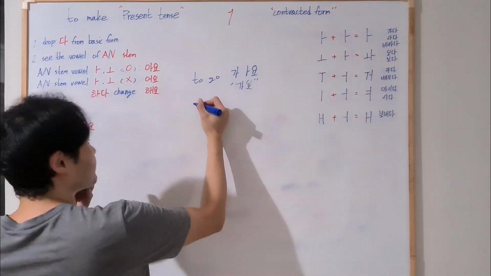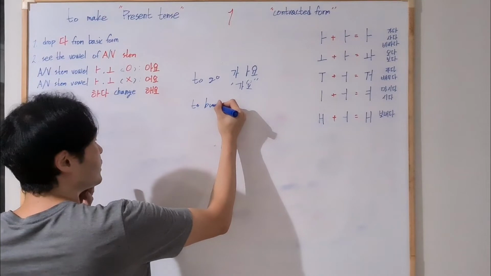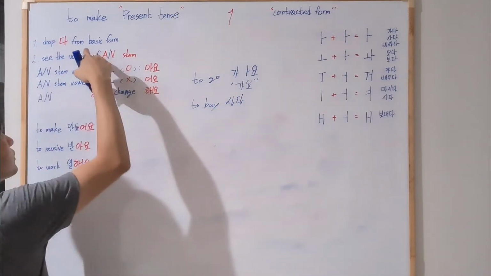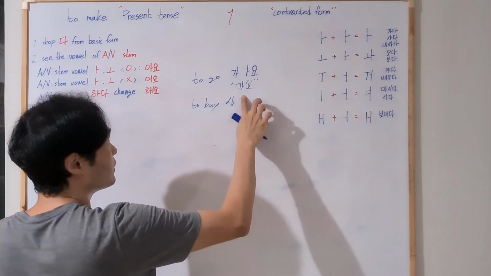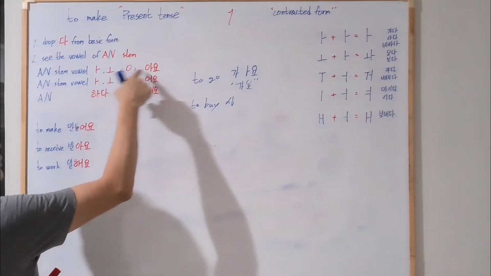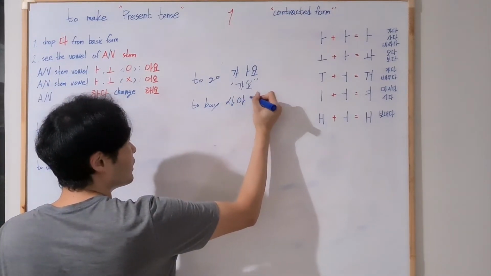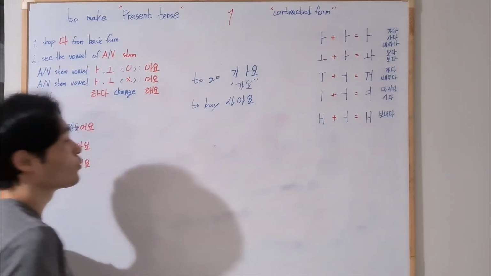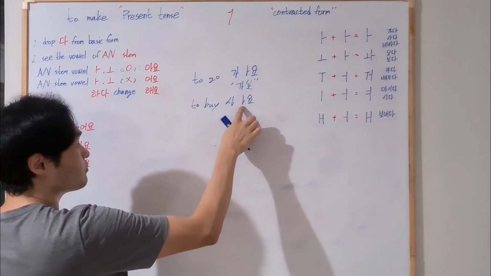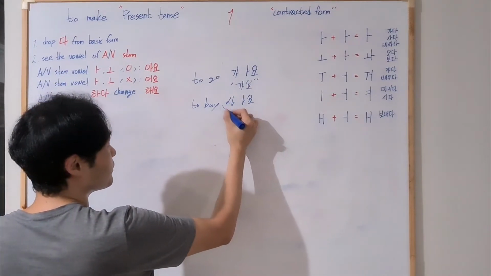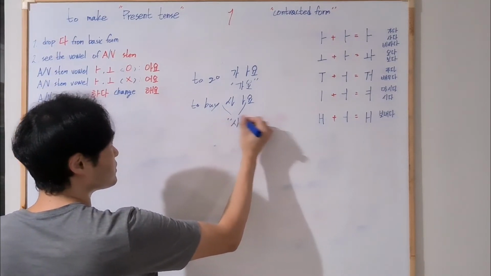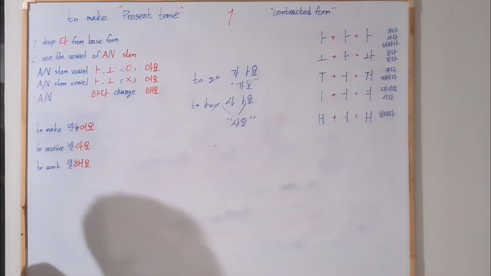One more. 사다, to buy. Rule number one, drop 다. See the vowel, 아. So we have to add 아요. The 이응 has no sound. Same vowel. So we have to make it contracted. 사요. This is present tense. 사요.